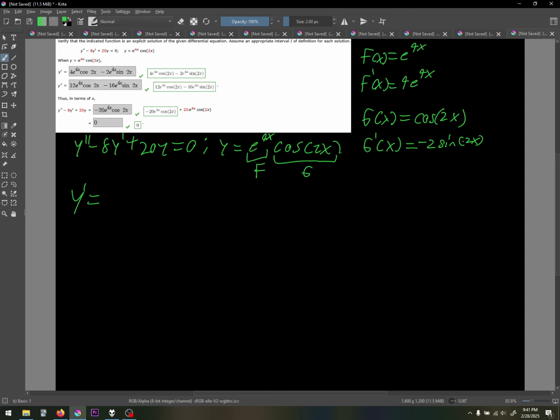So now doing our f g prime, g f prime, we're going to get negative 2 sine of 2x times, that's f. Oh, no, what am I doing? I started with g prime.